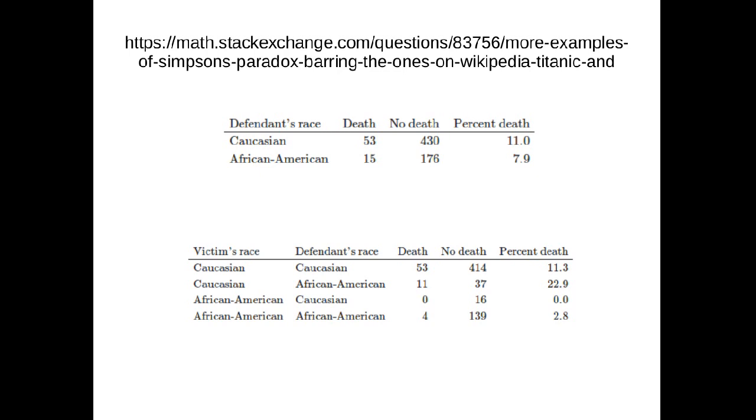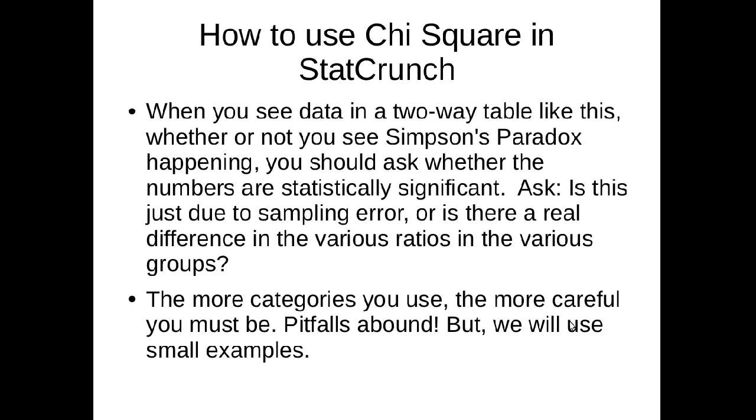When the victim's race is African American and the defendant's race is Caucasian, there's 0 death penalty and 16 no death. But you see, this is a very small sample size, so it's not really significant. It's not telling you that much. So that's leading me to believe that there could be some sampling error going on. But you still see that if the defendant is African American, the chance of getting the death penalty goes up.